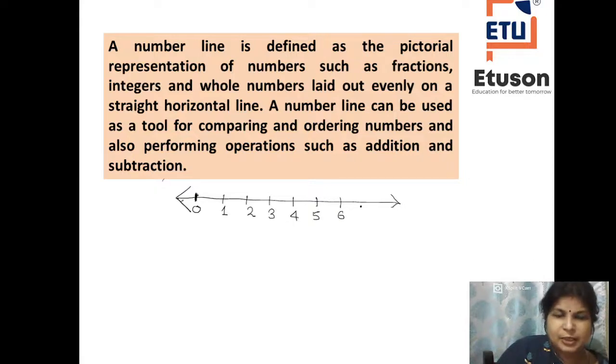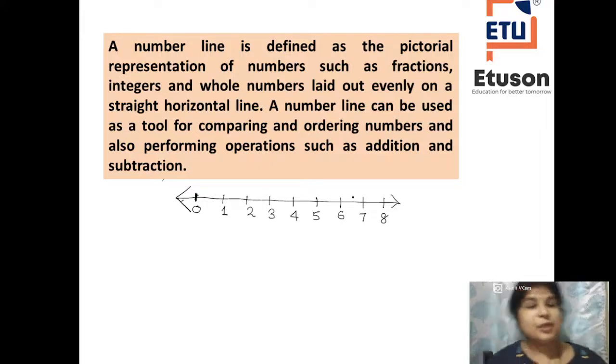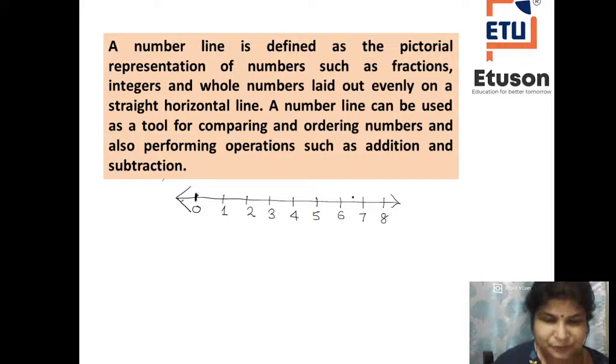Now, can you tell me some operation where you have seen people first finding out a distance, then marking it equally? Have you observed whenever a mason is laying bricks? First, what will he do? He will measure the distance for which he has to lay the bricks or the tiles. After measuring, what will he do?